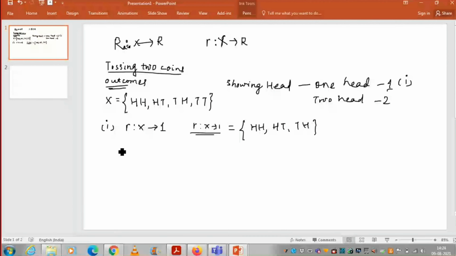If I want to see the second case, two heads, only two heads, it will be HH. So in that case r equals 2, and in this case r equals 1. Understand? So a random variable is a function or mapping from the sample space to R. This is the total outcome, this is the sample space, and each maps to a corresponding number.